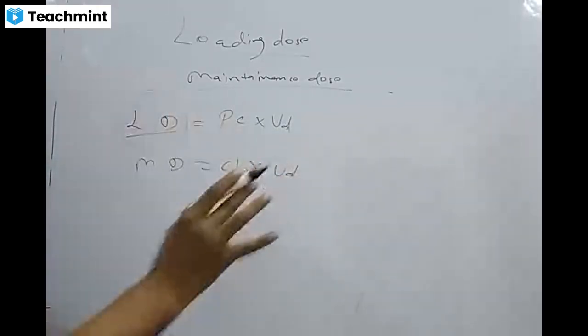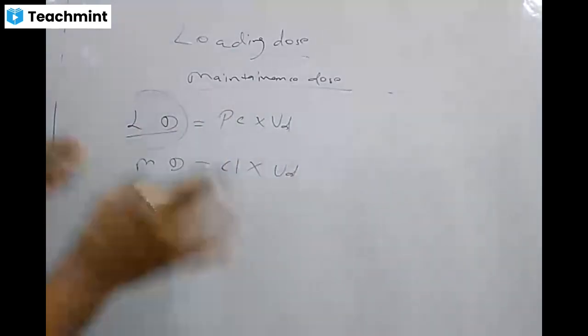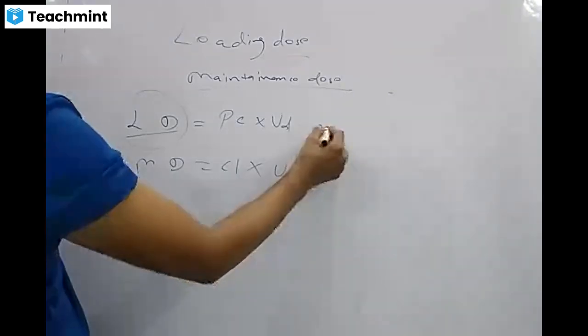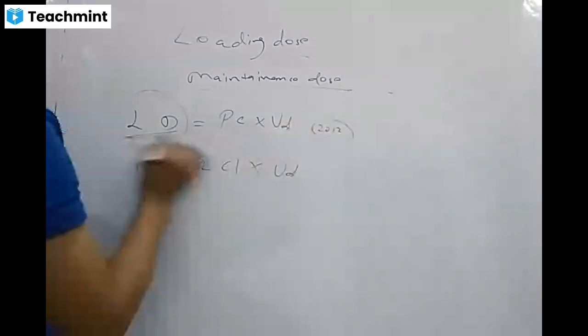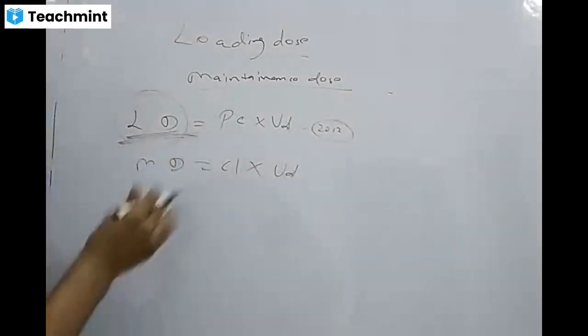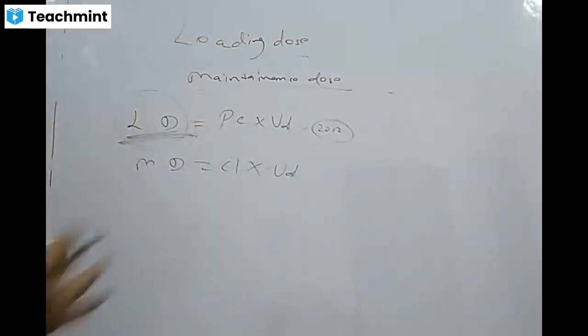Loading dose is the initial high dose to achieve the concentration quickly. That was asked in 2012. So the definition of loading dose is the initial high dose to achieve the concentration very quickly.